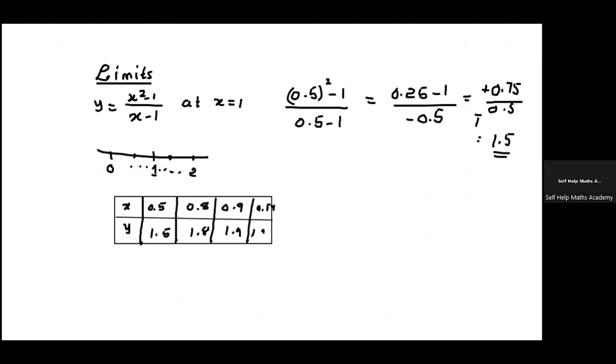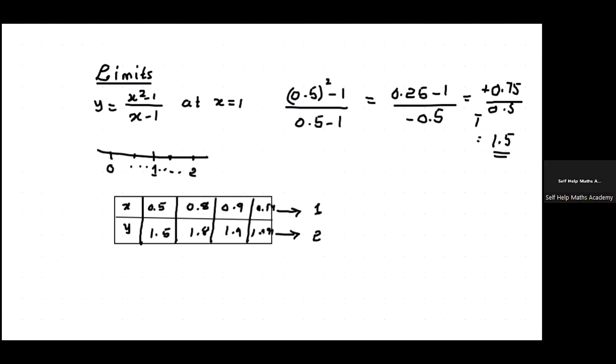So as you can see, as I'm coming very close to the value 1, this value will be approaching 2. So as x is getting closer and closer to 1, the y value gets closer and closer to 2. That is what we are seeing in this function when it is approaching from the left.